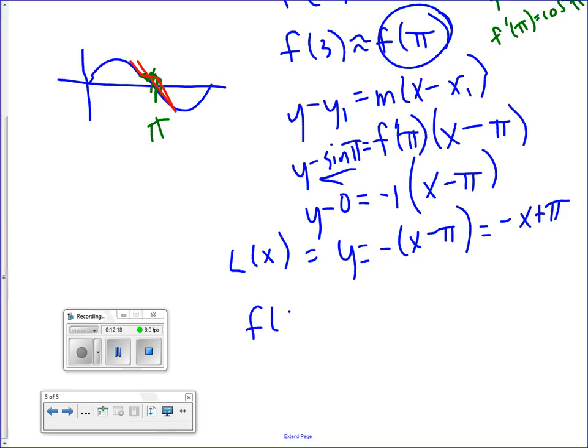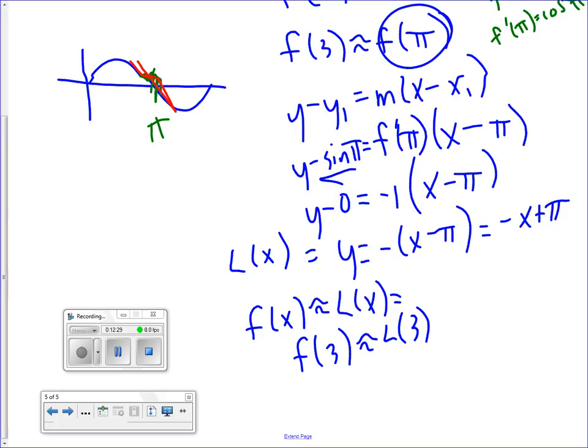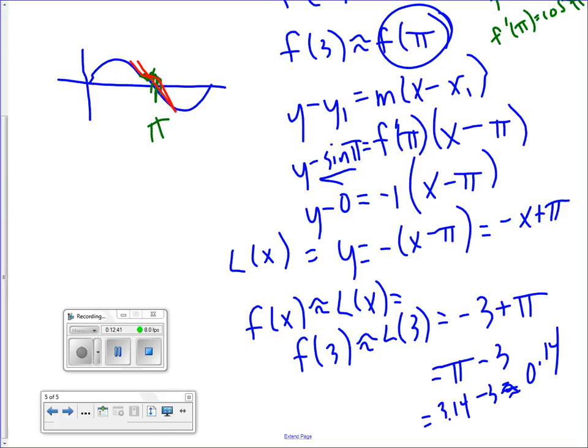We say f of x is approximately L of x, and we're talking about f of 3 is approximately the linearization at 3, which would be -3 plus pi. I think it's right, it's pi minus 3. Okay, pi is 3.14-ish, so the answer is about 0.14.